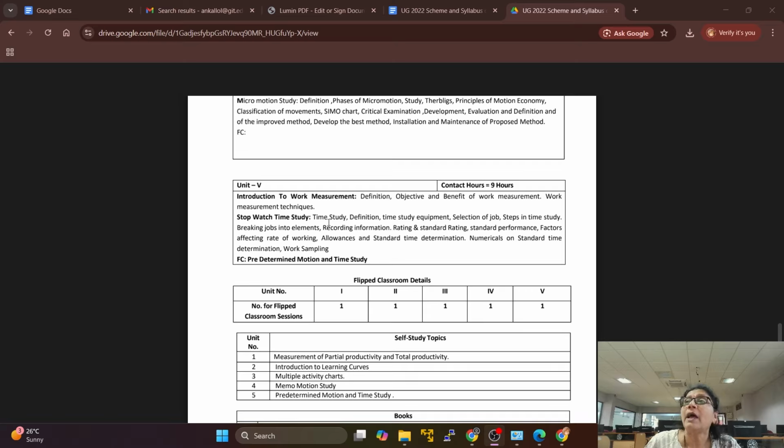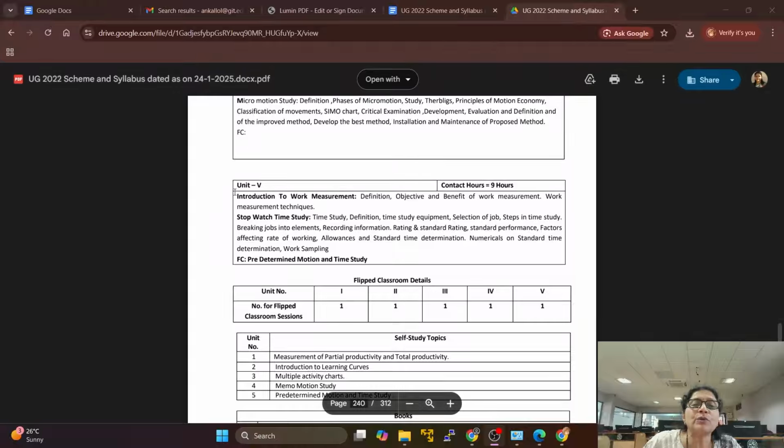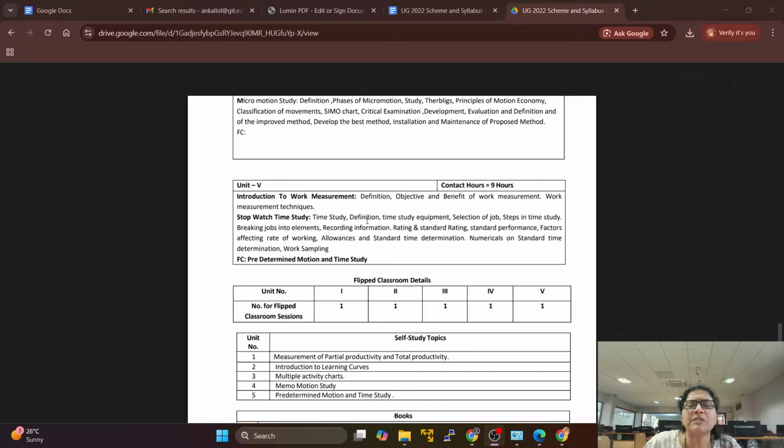This is very, very important, because we'll have to decide the wages of each and every worker in the organization, the number of machines utilized, or the incentives to be given. All this is dependent on how effectively you conduct the work measurement of that particular process or job or activity or operation.